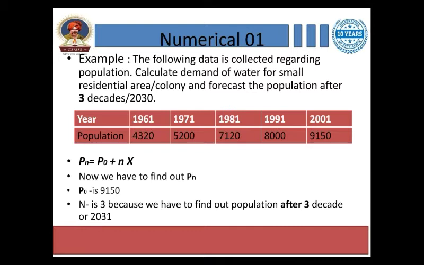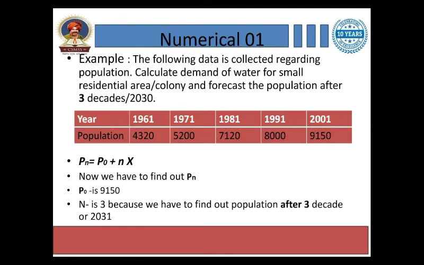If we have the year 2001, then we have to calculate the population after 3 decades, that is after 30 years, right? Today we have the population of 2001, so we have to calculate the population by the end of 2030, or 31. Everybody get it?